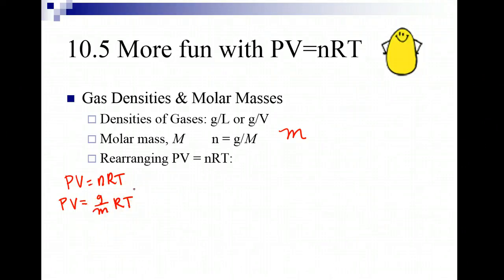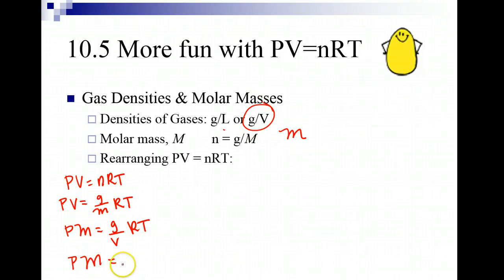And then if we rearrange a little bit, divide both sides by V and multiply both sides by molar mass, which essentially means I'm going to end up switching these two variables, I would get P, pressure times molar mass, equals grams over volume, RT. We also said that density is grams per liter for gases, or grams over volume, so I could make another substitution: pressure times molar mass equals density times RT.